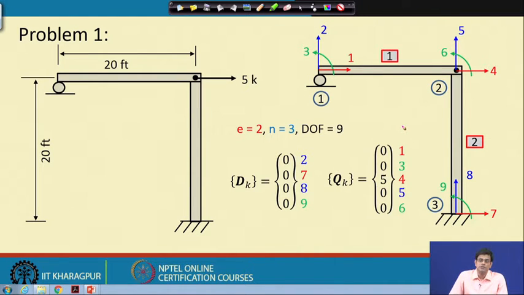Among these 9, the kinematic degrees of freedom known are 2, 7, 8 and 9, and the corresponding known load vector components are 1, 3, 4, 5, 6. With this we solved the problem and found the solution.